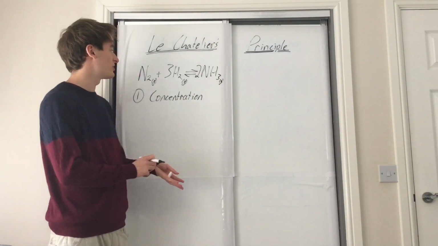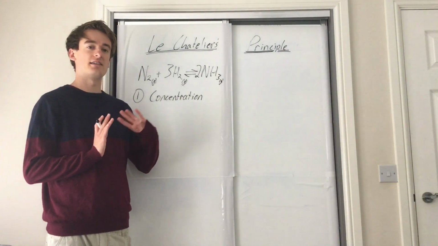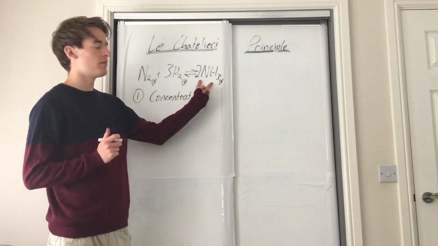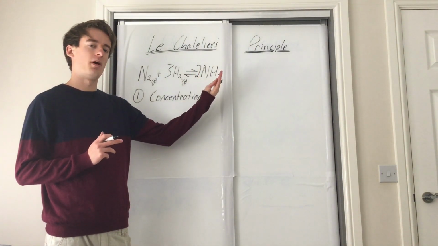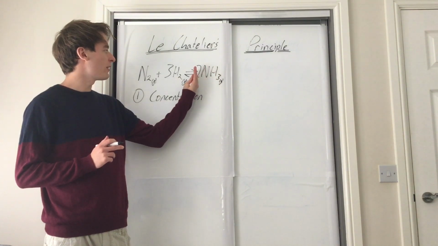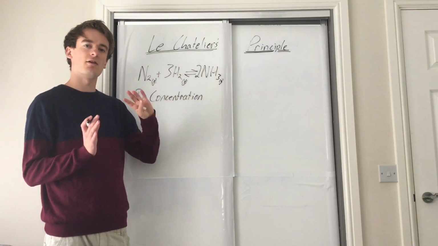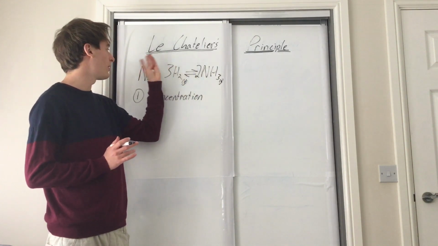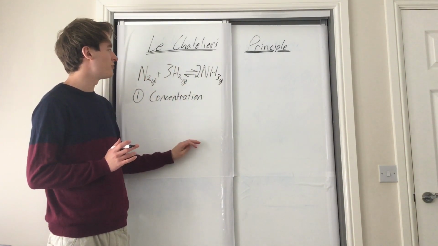So obviously Le Chatelier's principle states that a system will oppose the change made. So if we focus on the ammonia, if I added more ammonia, then the position of equilibrium would shift to the left because it would oppose that increase in concentration, remove some of the ammonia and convert it back to nitrogen and hydrogen.